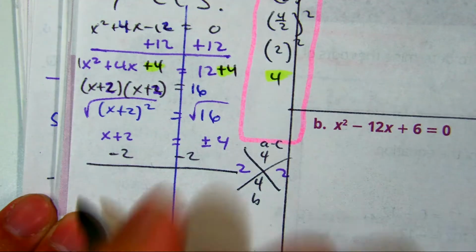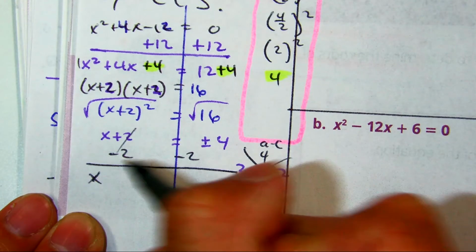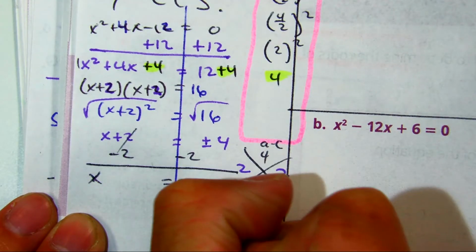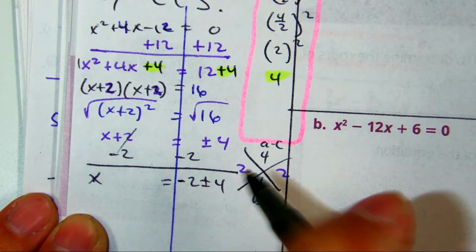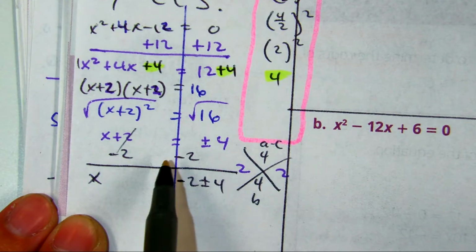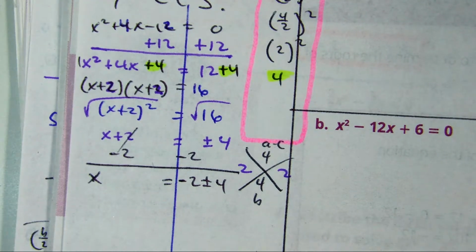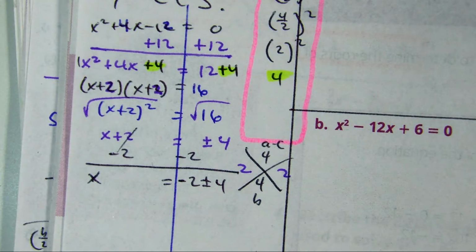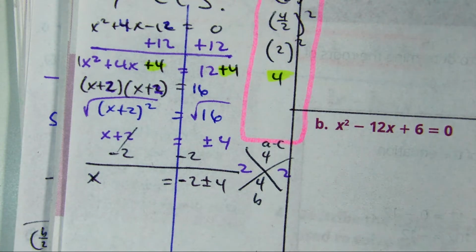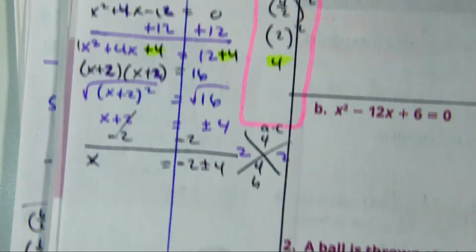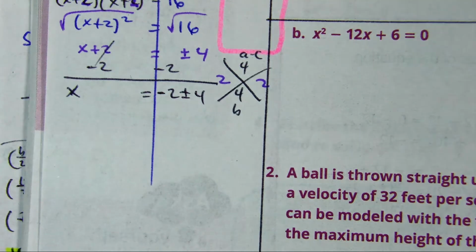So now I have x equals negative 2 plus or minus 4. Remember that negative 2 goes to the left of the plus or minus 4. Class, which side? The left side. Partner A tell partner B, what are the two solutions going to be? How do you set up the two problems? Talk to them.